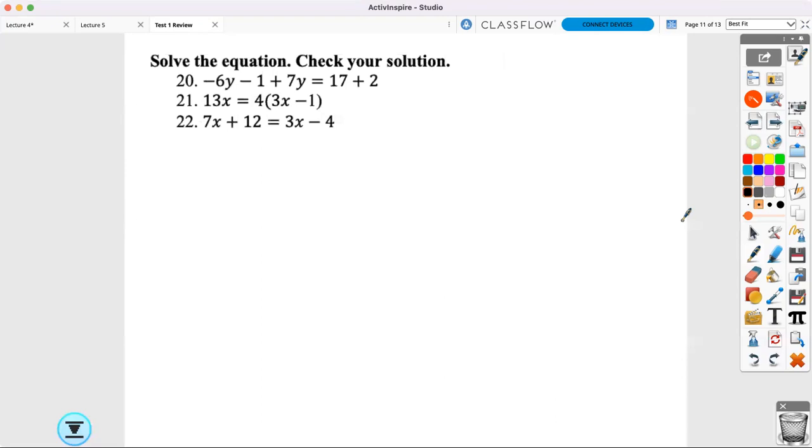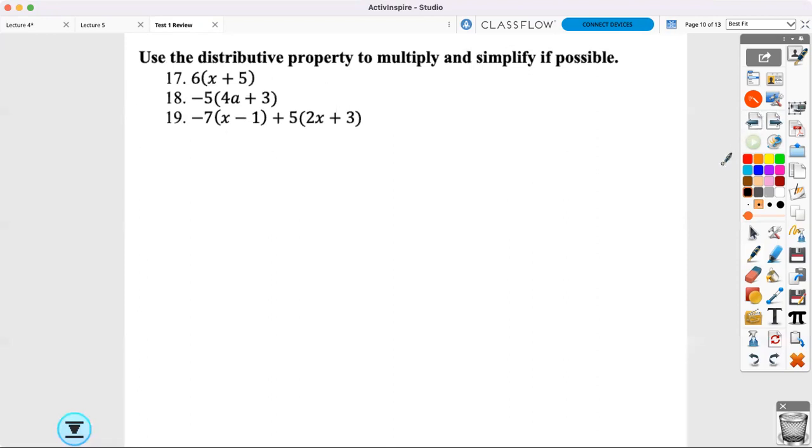Actually, I didn't have 19 on mine. I think we stopped at 19. Okay, so we're going to do 19. I'm going to give you guys 2 minutes to set that up, and then we'll get started.